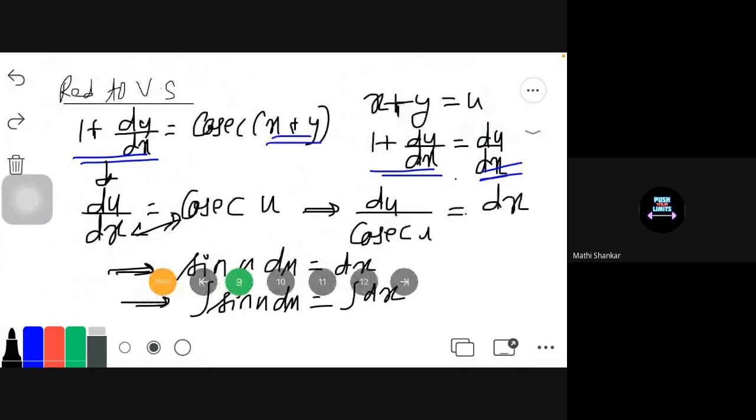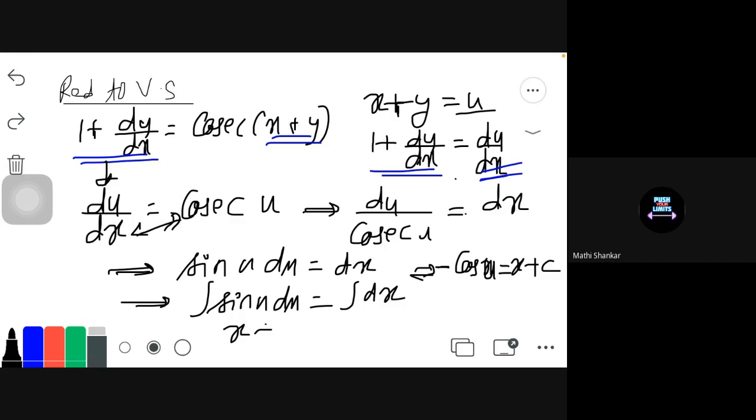So I will get integration of sine is minus cos u is equals to integration of dx will be x plus c. Sorry, here it is u. So minus cos u is equals to x plus c. So from here I'll substitute the value of u, and the value of u is x plus y. This term also I'll take over there.